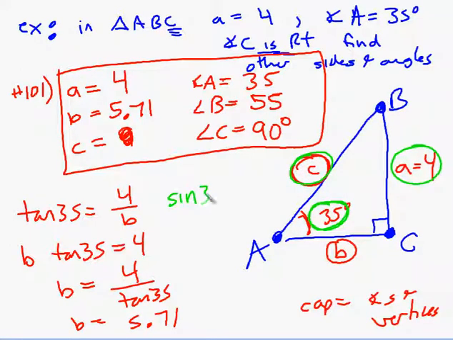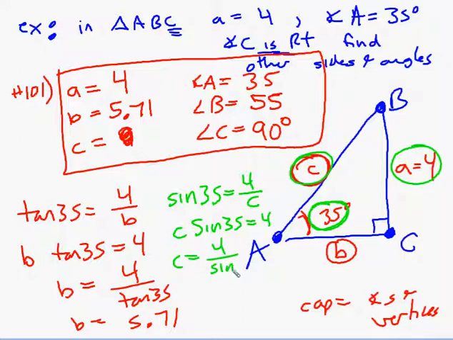So sine of 35 equals 4 over c. Clear my fraction. And divide by sine 35. 6.97. You see what I mean by putting a big box for these, where that is?